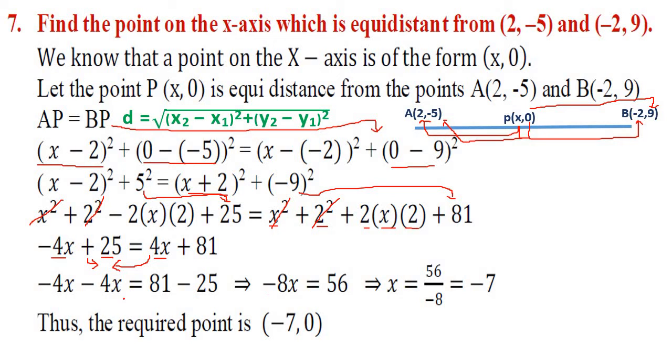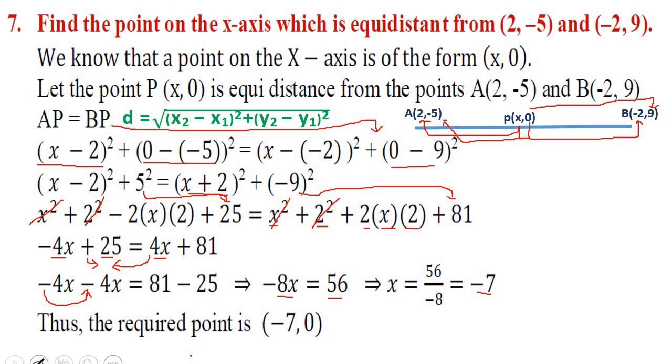So minus 4x minus 4x is minus 8x, which is equal to 81 minus 25, which is 56. So x is equal to 56 by minus 8, and 8 sevens are 56.